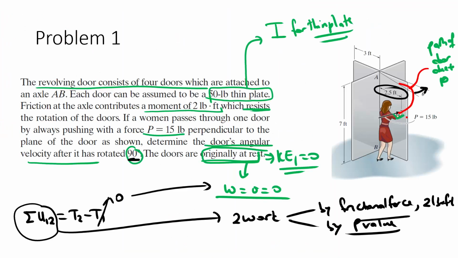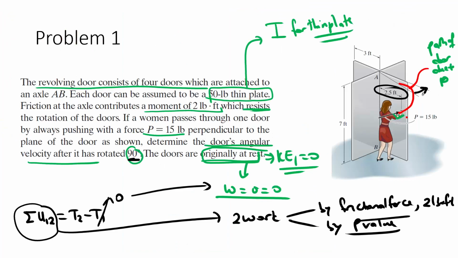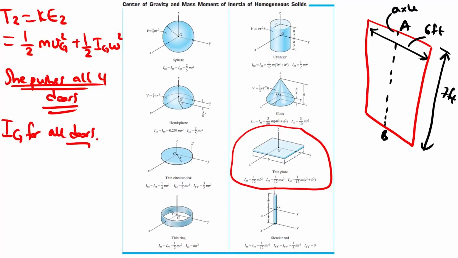We can see that's point A to B, and this is the whole door. And then this distance is 6 feet, and that distance is 7 feet.